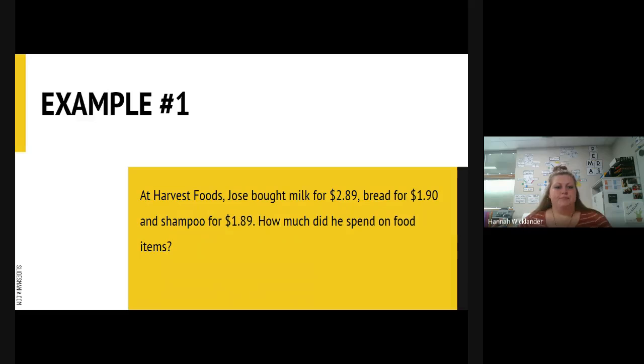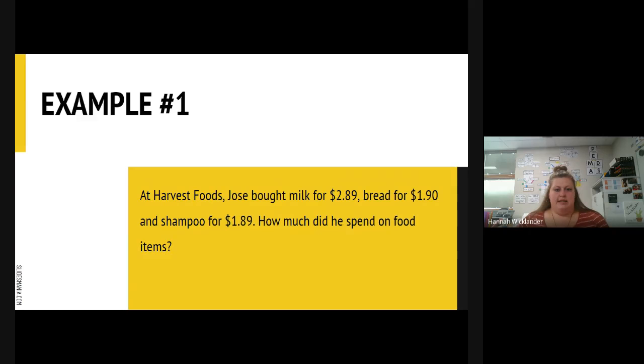Next slide. Example 1. At Harvest Foods, Jose bought milk for $2.89, bread for $1.90, and shampoo for $1.89. How much did he spend on food items? The information I'm trying to find is how much he spent on food. So I need to find in my story problem numbers related to food.